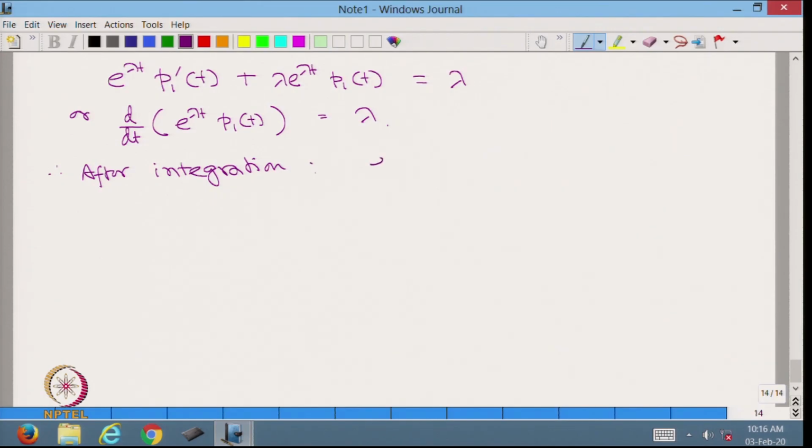what we get is e to the power lambda t into P1 t is equal to lambda t plus c.